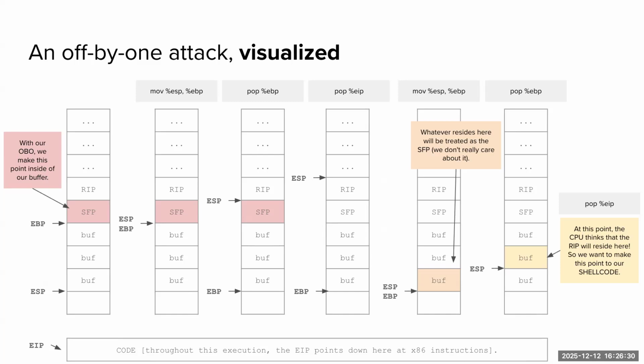So we're setting ESP to be whatever the value of EBP was. Max, you can check what the actual x86 is. But the idea here is to set the ESP to be whatever the EBP was.